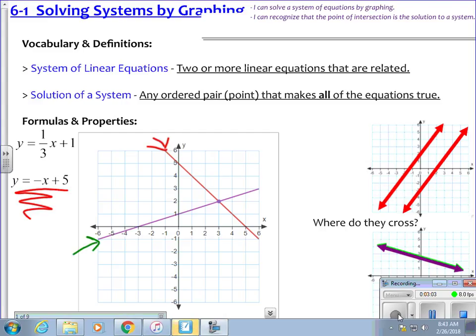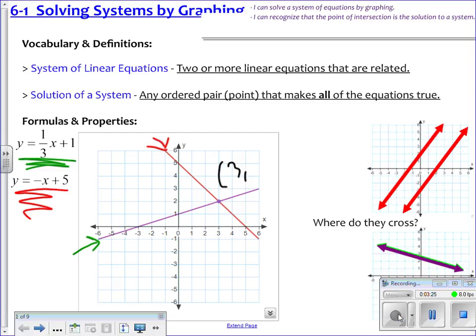This line here is every single xy coordinate that makes that equation true. My solution to the system is the one place that they have in common. If you have 2 lines crossing each other, there's one place and only one place that works in both of them. In this case, it's the point (3, 2). If I take (3, 2) and plug it in here, it works. If I take (3, 2) and plug it in here, it works.